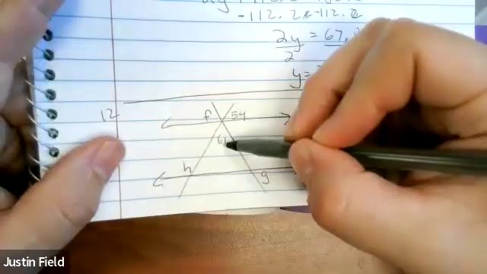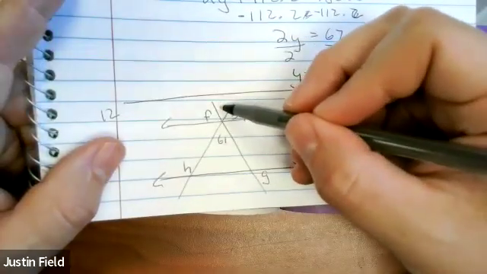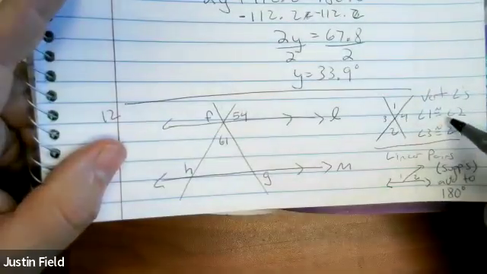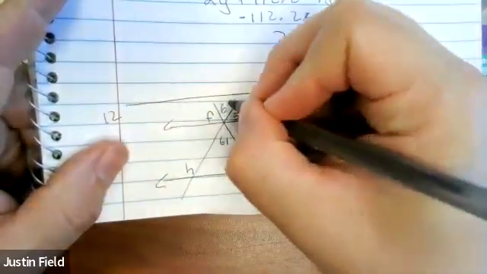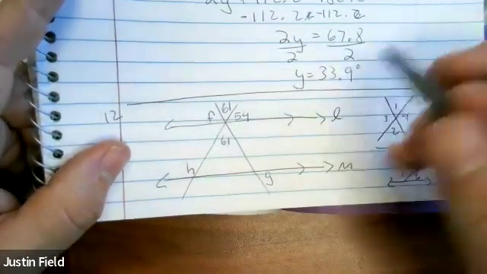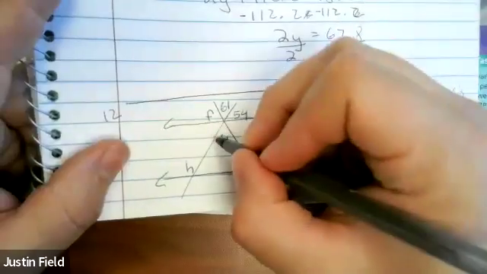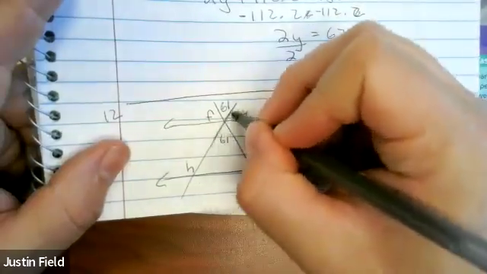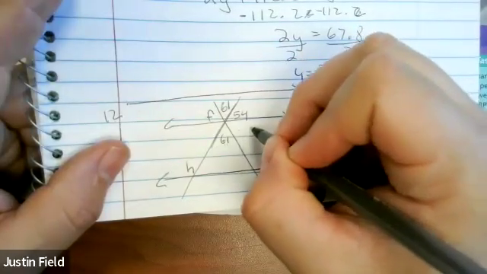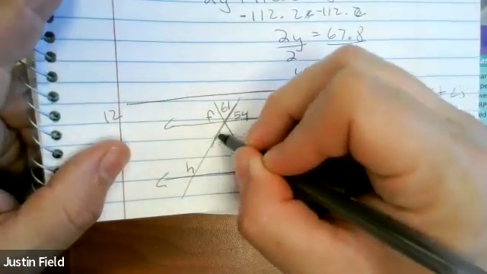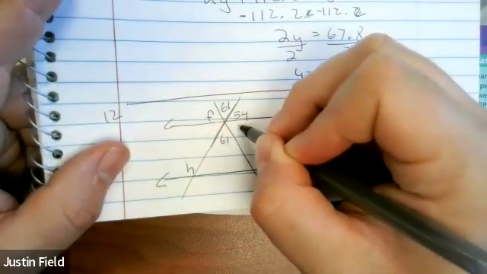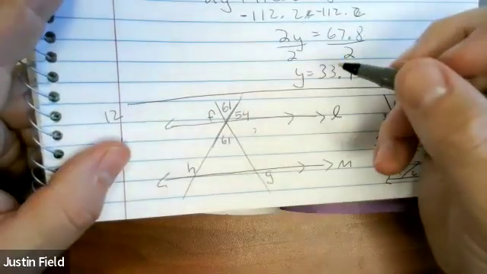So if this is 61, this angle up here is vertical, and we know that vertical angles are congruent, right? So that means that this is 61. And if this is a straight line right here, then 61, this angle, and 54 add to 180.